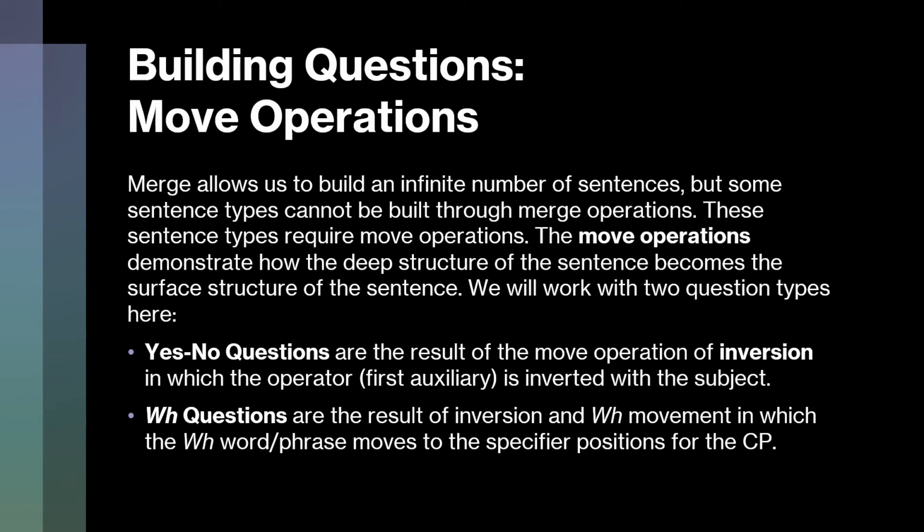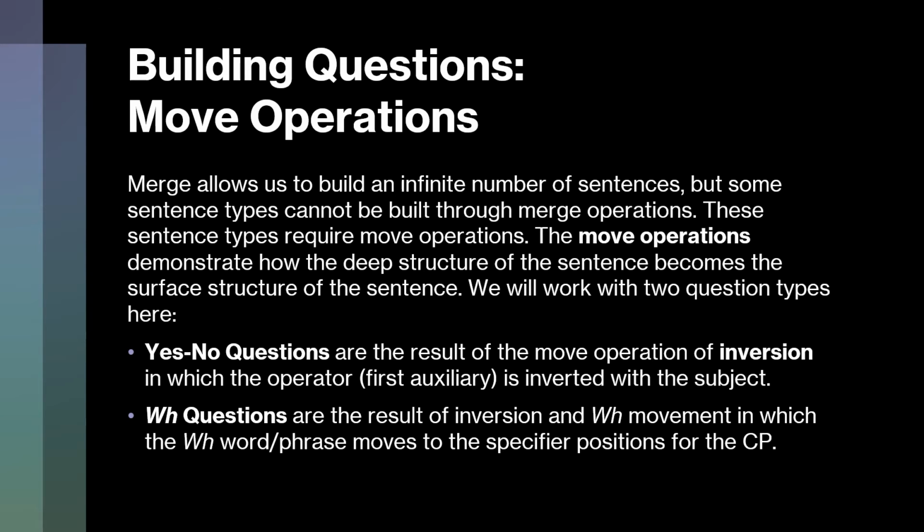These sentence types require move operations, in which one thing moves to another part of the sentence. The move operations demonstrate how the deep structure of the sentence becomes the surface structure of the sentence. In other words, how that deep structure, right, the declarative form plus question, becomes the way we actually ask a question in English.